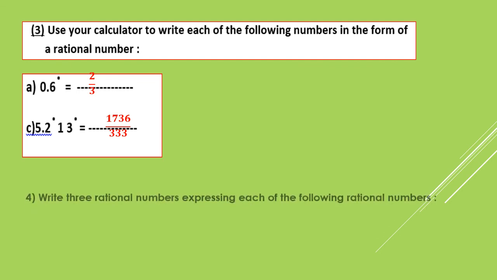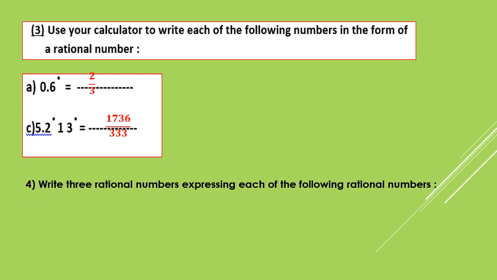Write 3 rational numbers equal to each of the following rational numbers. For example, if you have 5 over 7, I want 3 rational numbers equal to 5 over 7. You can multiply this number up and down by 2 or by 3 or by 5 or by 10, any number except 0.